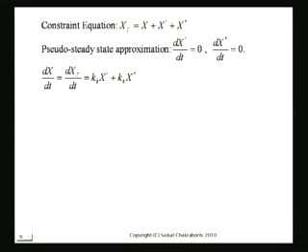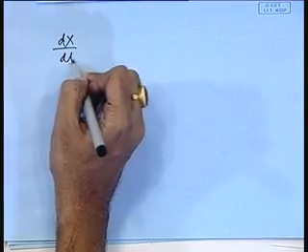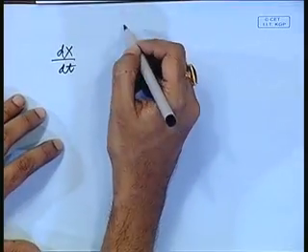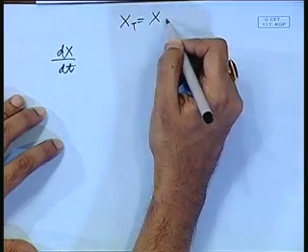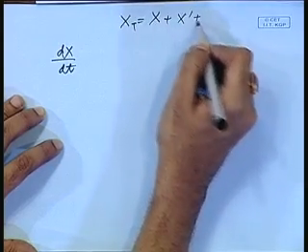Now let me explain this a little bit from what is written in the last line. So xt equals x plus x prime plus x double prime.